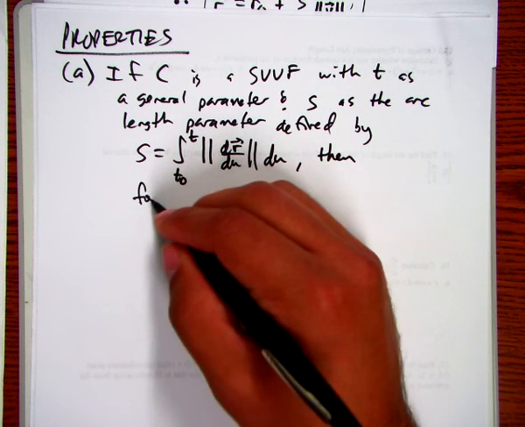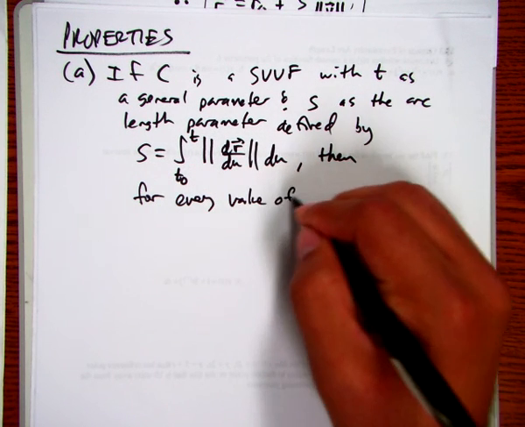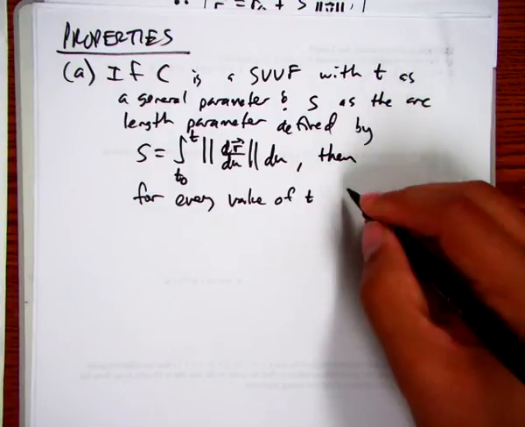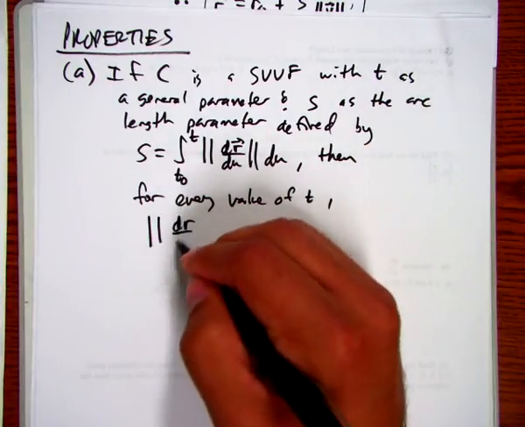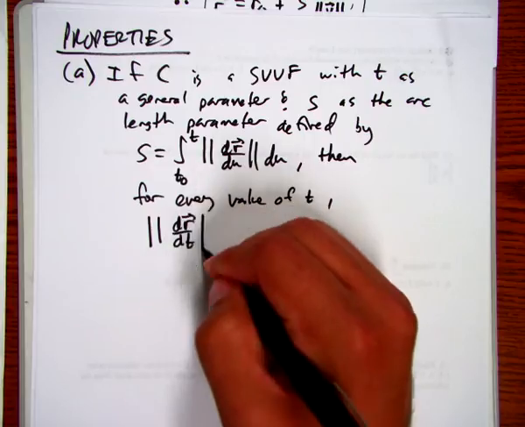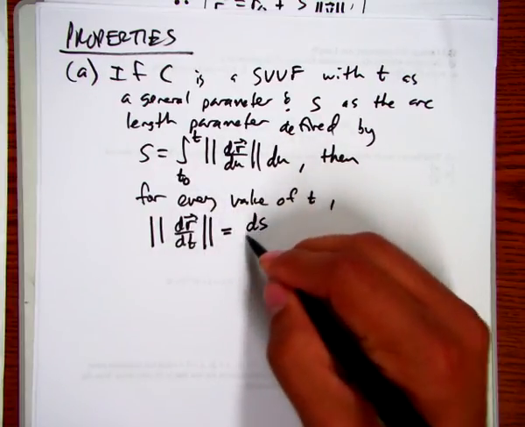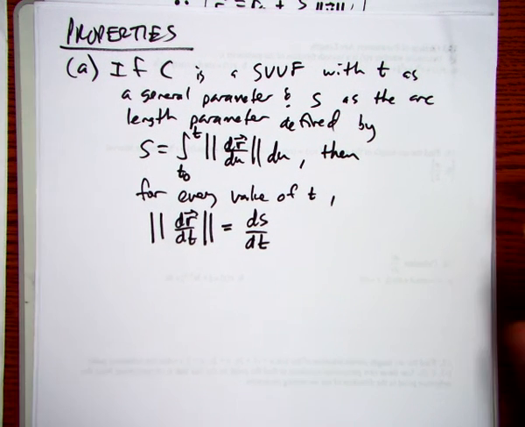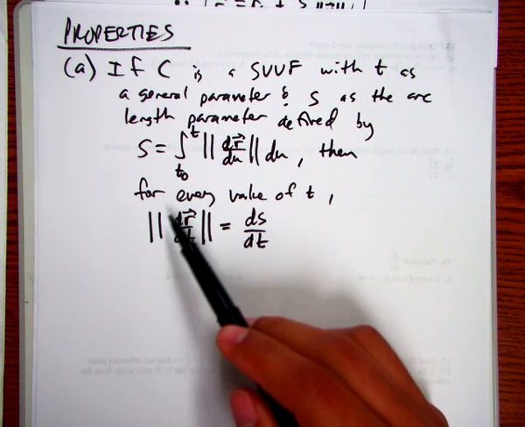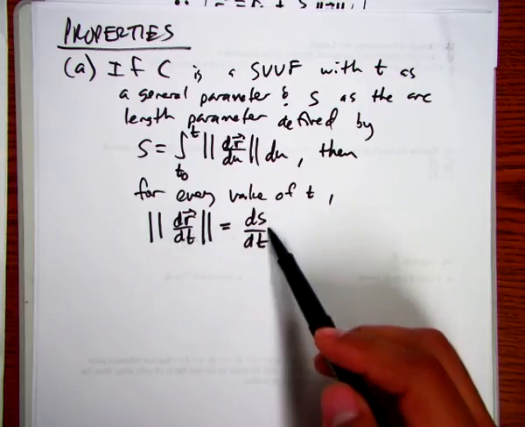Then for every value of t, the magnitude of dr dt is going to be ds dt. In other words, the length of our tangent vector will be exactly the same as ds dt.